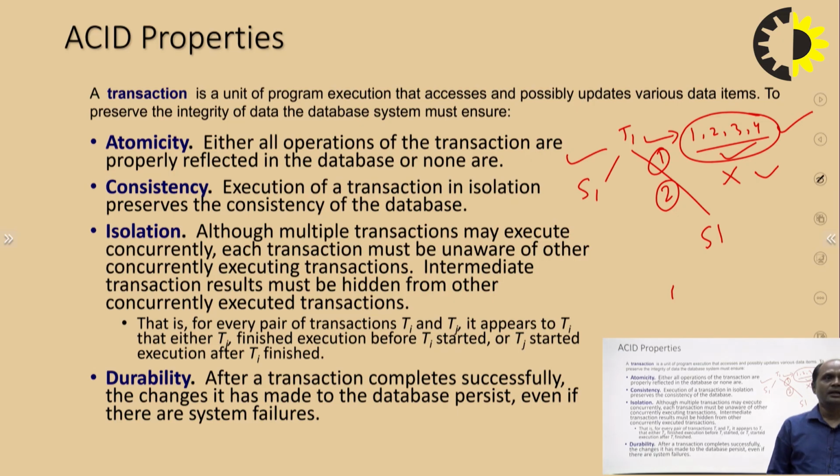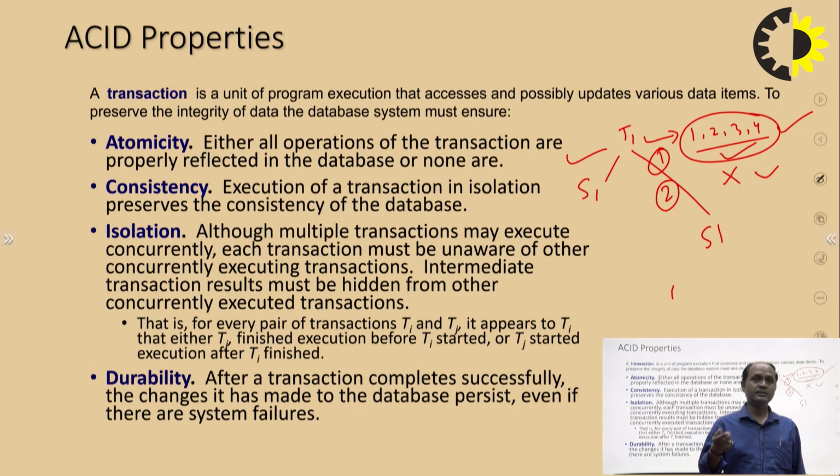That means if a transaction executes, it does not change the consistency of the database. It cannot change a particular structure or any view. It only changes the data, only the values.